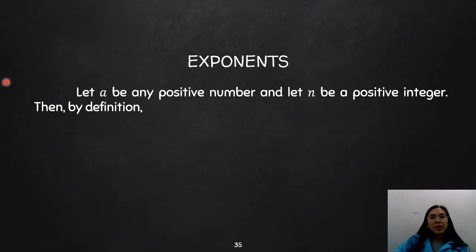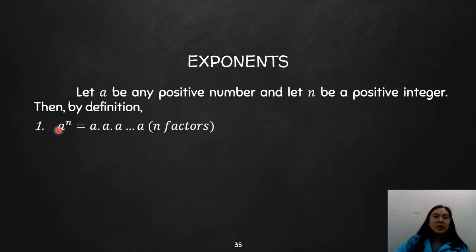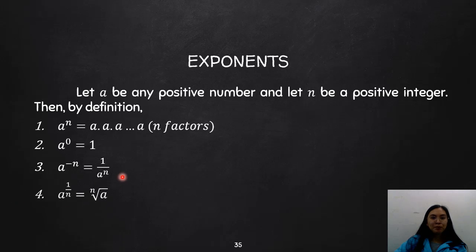If we let a be any positive number and we let n be a positive integer, then by definition, this is your first rule in exponents: a raised to n is equal to a times a times a, until you reach the number n. Second rule, a raised to 0 is simply equal to 1. Third rule, a raised to negative n is equal to 1 all over a raised to n.